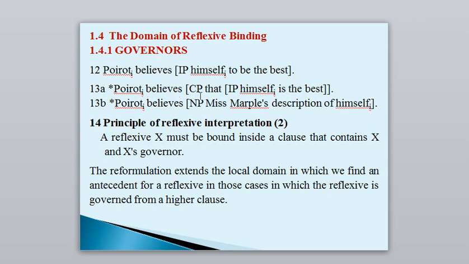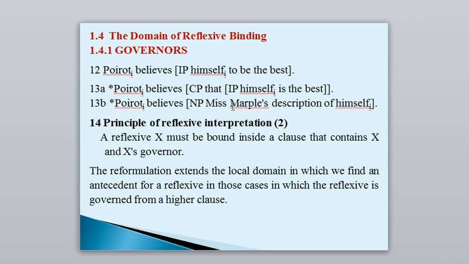You see here, this is another CP, another sentence which starts with the that complementizer. So himself cannot come back to Poirot in the first part of the sentence because there is no locality here. Himself is in another sentence and Poirot is in another sentence. So this is ungrammatical.